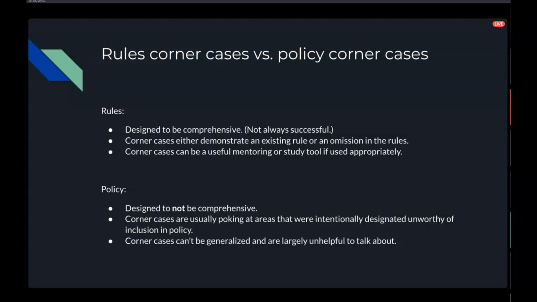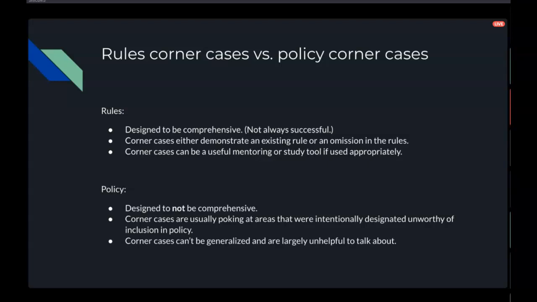So this means that, first off, when you find a hole in policy, that doesn't mean you're the first person to find it. It's very likely that the people making policy have also thought of it. Not always, of course, mistakes do happen, but usually they've thought about it and decided that it doesn't need to be included.